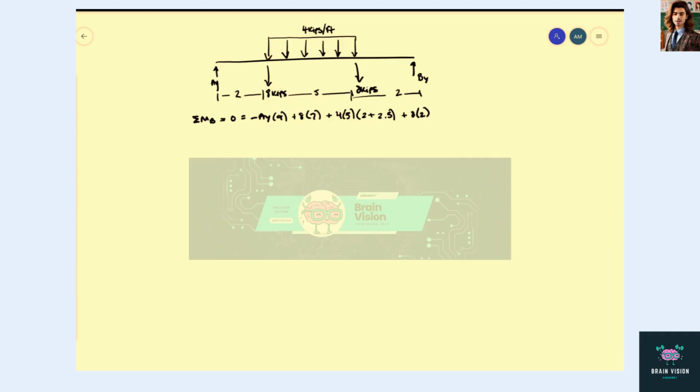And to calculate this, all we did was just do 4 times 5, which is 20. We take half this distance, 2.5 plus the 2, to reach our point B. And solving for all of this, we get AY is equal to 18.